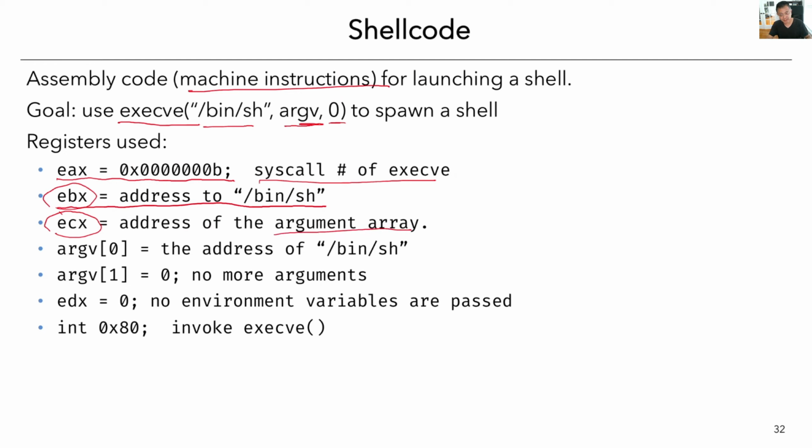The argument array has 2 entries. The first is the address of the command line. The second will be 0, which basically means that there are no more arguments. So if we execute a command in the shell, for example ls -l, we actually have 2 arguments. The first one is ls. The second argument will be -l.